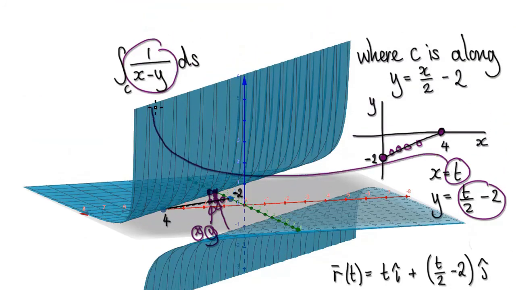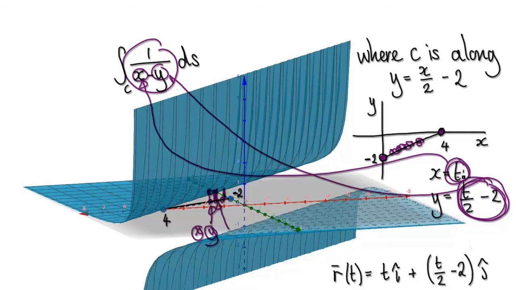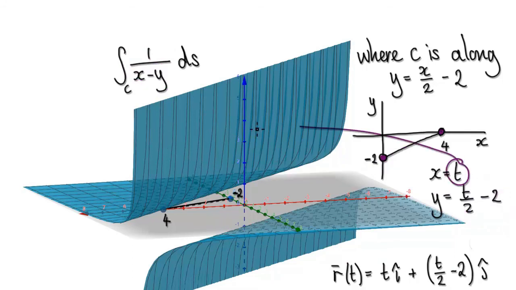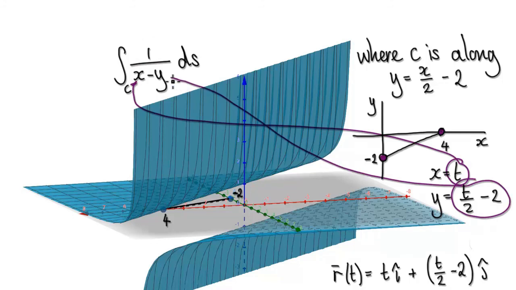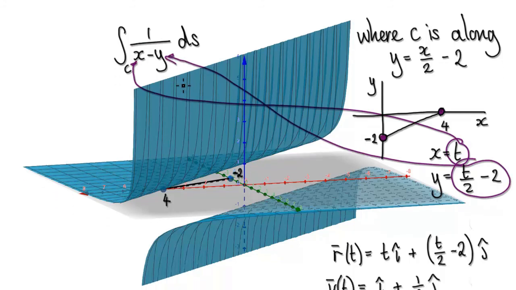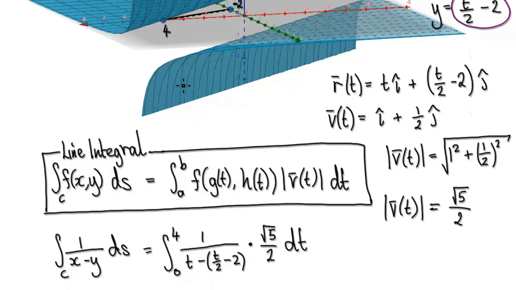So put this into the x, and put this into the y, because as time ticks away the particle is moving along here, meaning we always know the x location and the y location. If we know the x and y location, then we can work out the height of the surface. That will then give us this thing here.